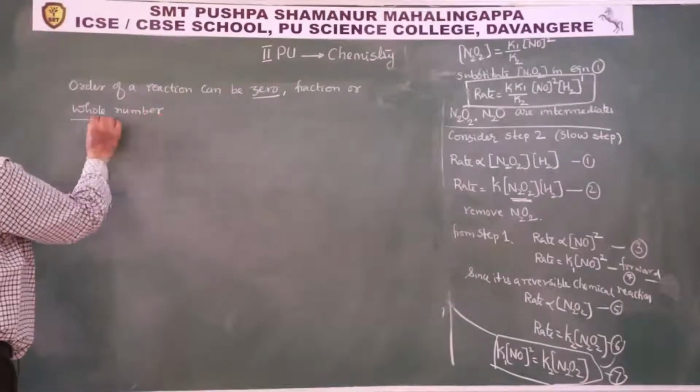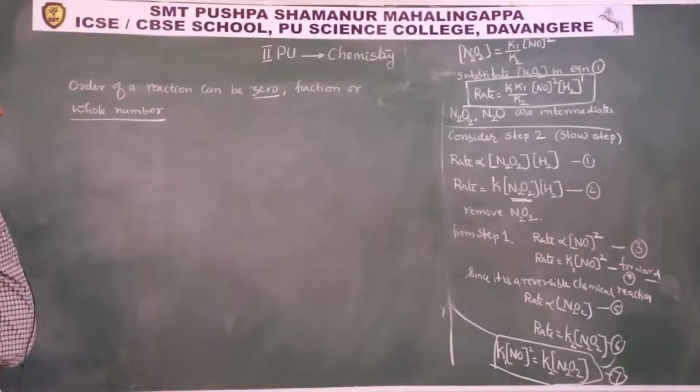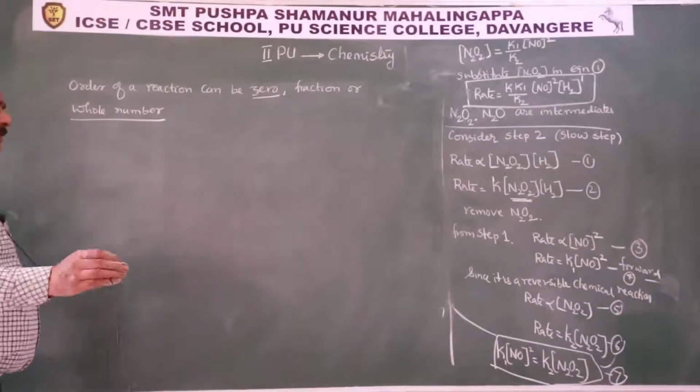If the order of the reaction is 0, it is called a zero order chemical reaction. In such cases, the rate is independent of the initial concentration of the reactant.